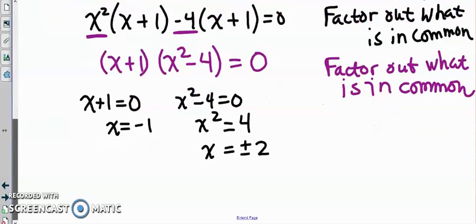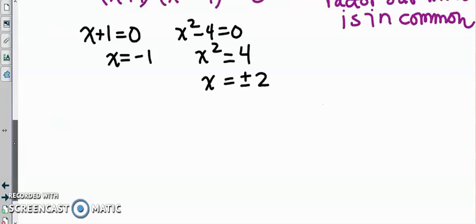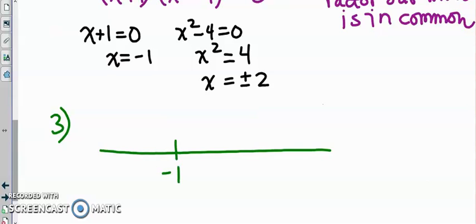So for step 3, we're going to put those on the boundary line, or on the number line, as our boundary points. It's in order. So -2, then -1, then 2.